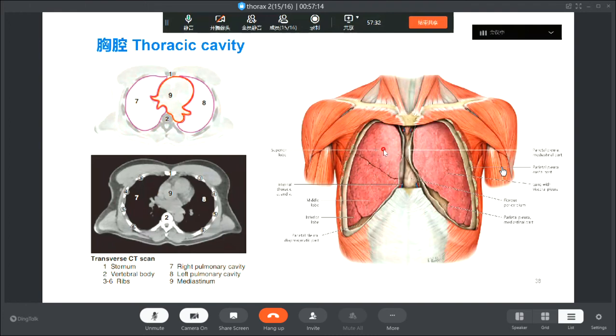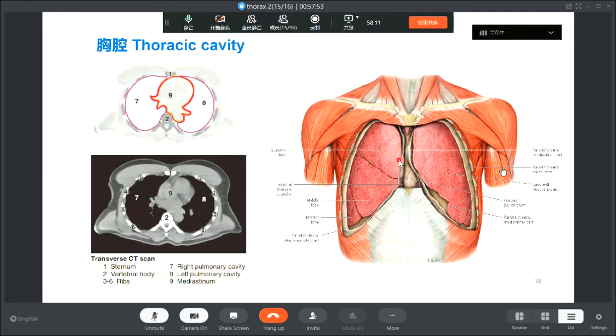The right lung is divided into three lobes: the superior lobe, the middle lobe, and the inferior lobe. And this is the right and this is the left, so the left lung is divided into two lobes.